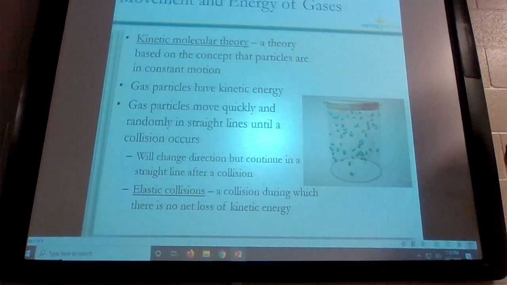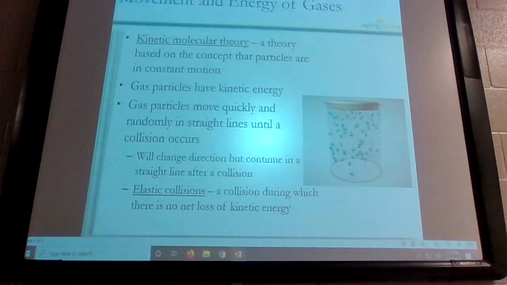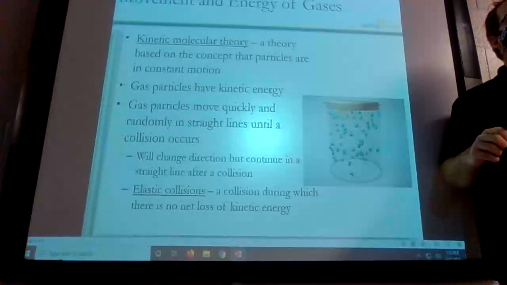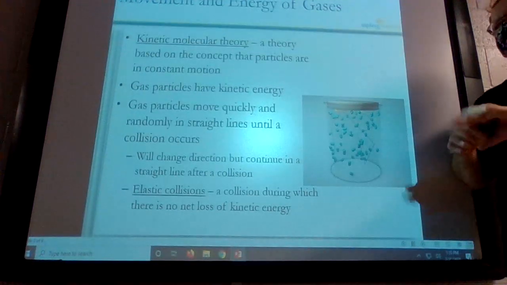What that means, if I throw the bouncy ball around here, is it going to bounce forever? No, it's eventually going to stop because every time it bounces, it loses some energy. The same way, if I drop a tennis ball from this height, will it ever touch my hand when it bounces back? No. Every single bounce is going to be just a little bit lower than the bounce before until it eventually falls down to the ground and stops.